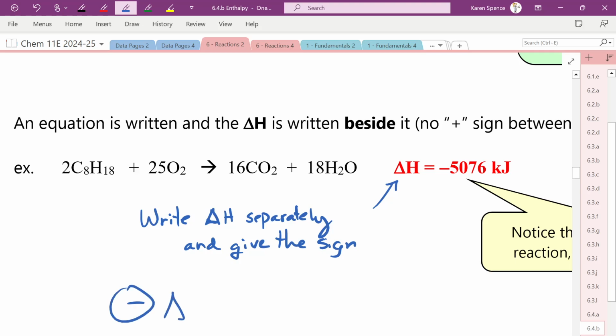And a negative delta H means the reaction is endo or exo? Exo.